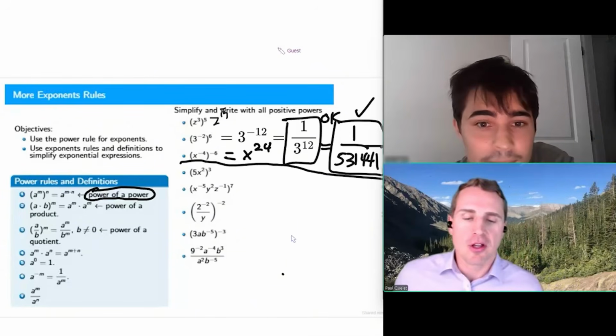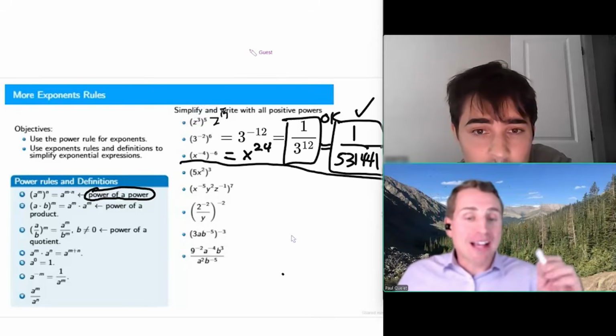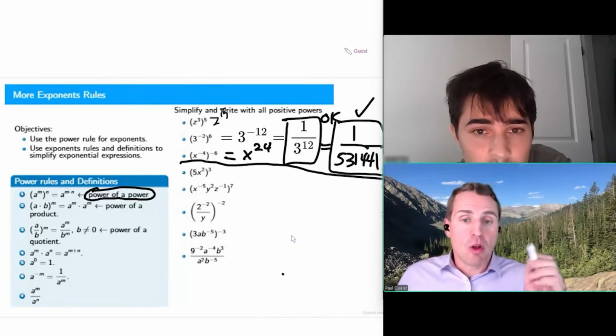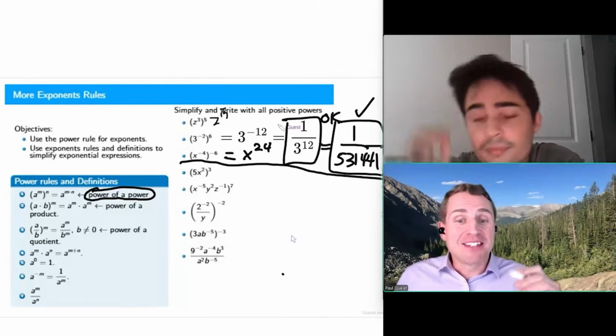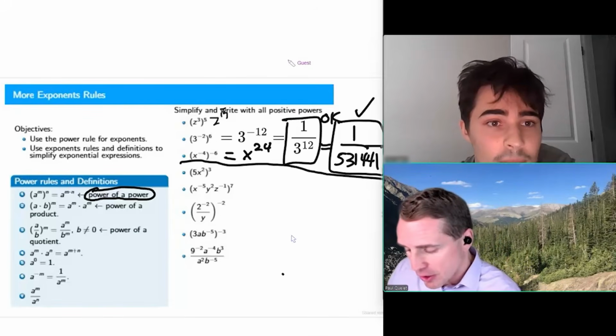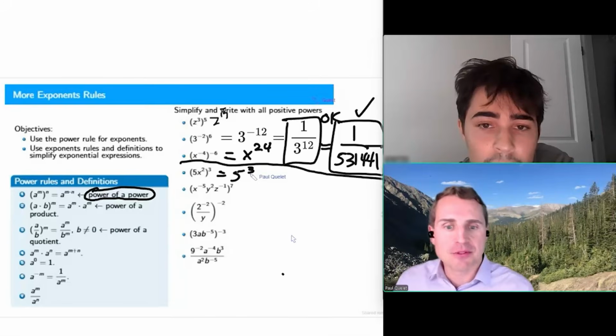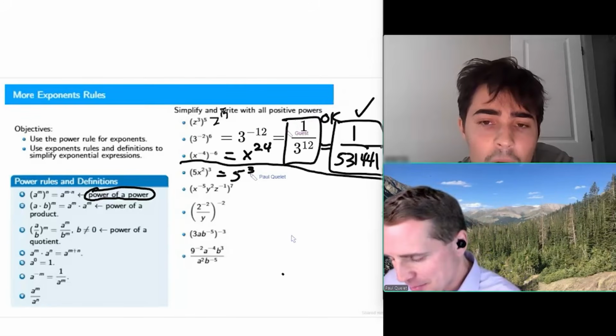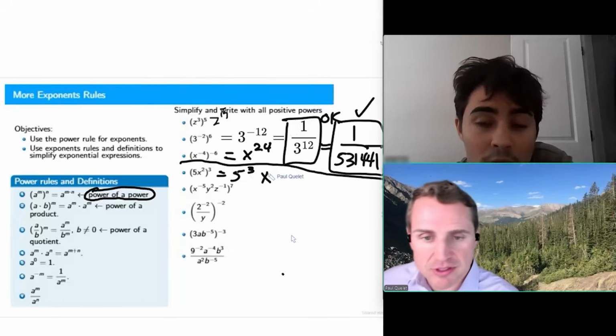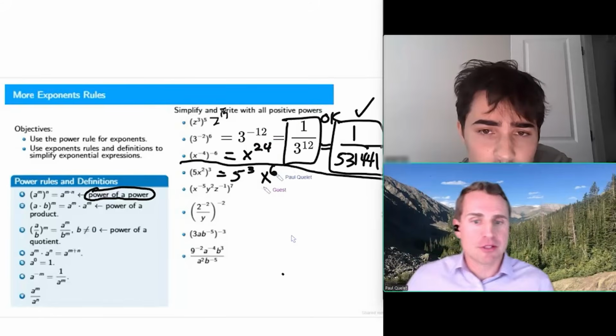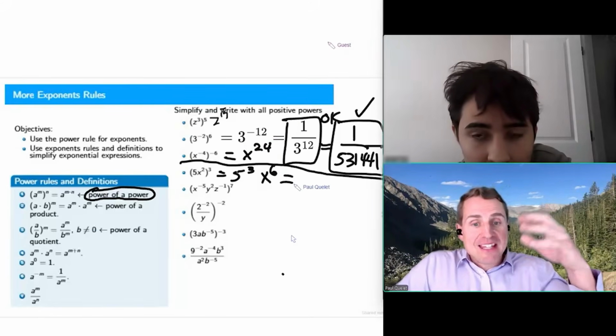So first of all, should we end up with x to the power 6 when we do a power of a power? It still ends up being 5 to the 3rd, so you still treat it like traditional. 5 to the 3rd is 5 times 5 times 5. And then this ends up being x to the power what, like you were saying? Yes, because it's 2 times 3, bringing the power into the inside.